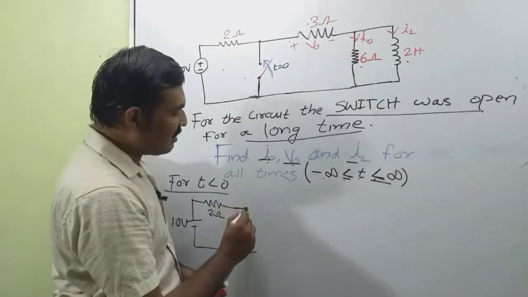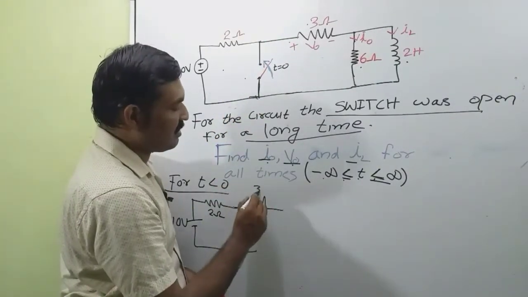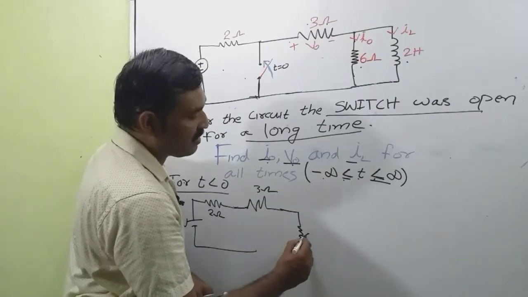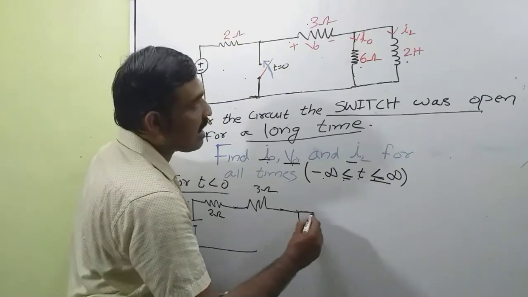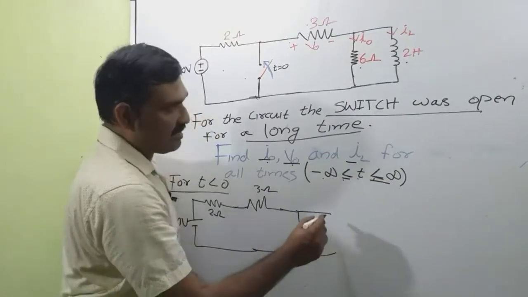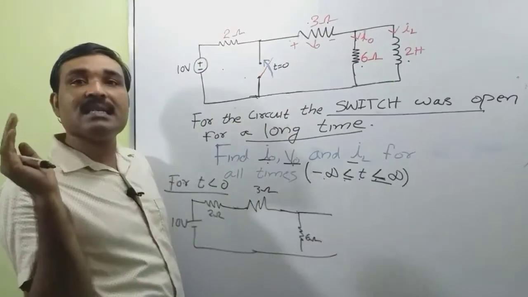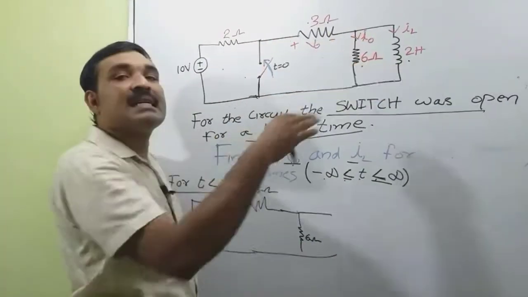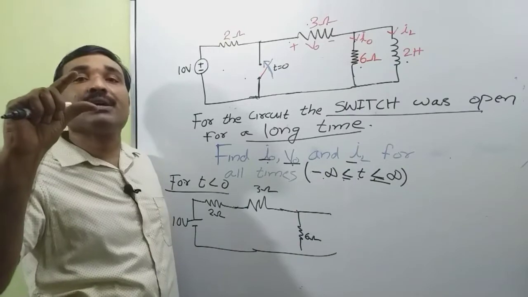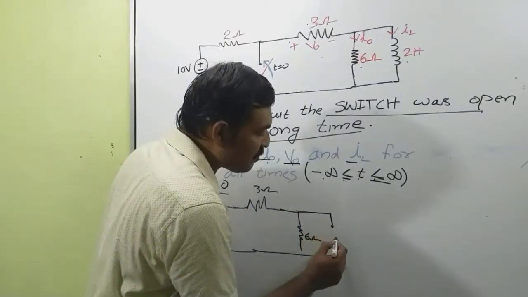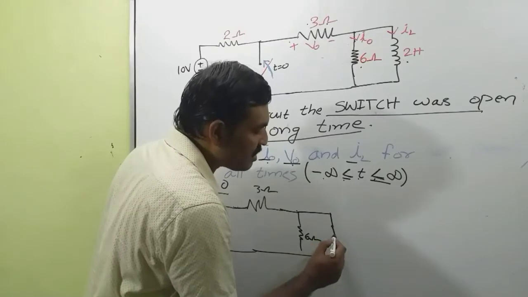Then we have a 3 ohm resistance, then a 6 ohm resistance and the inductance. Since the circuit is under steady state, we can replace the inductance by a short circuit, that is by a closed switch.